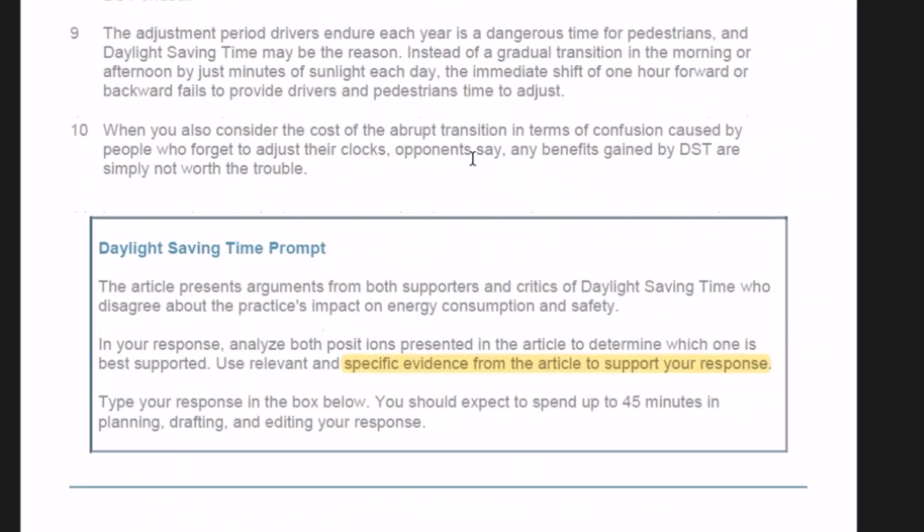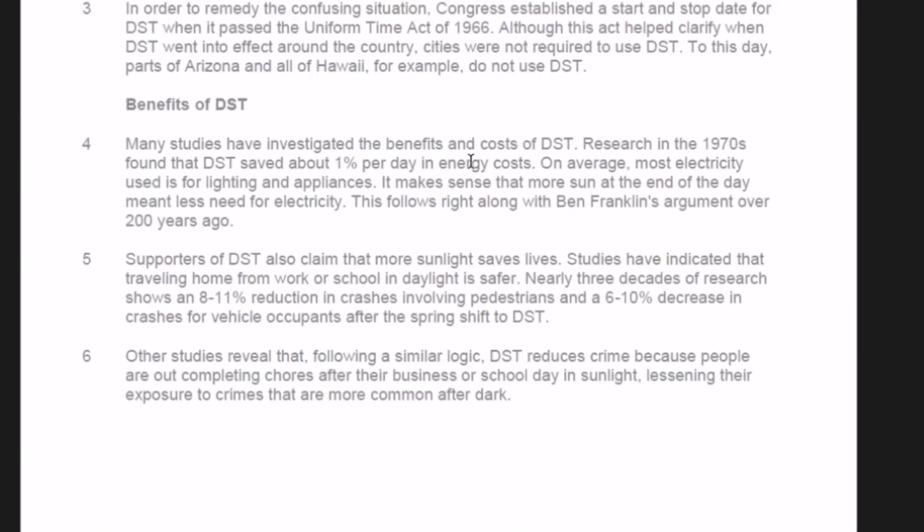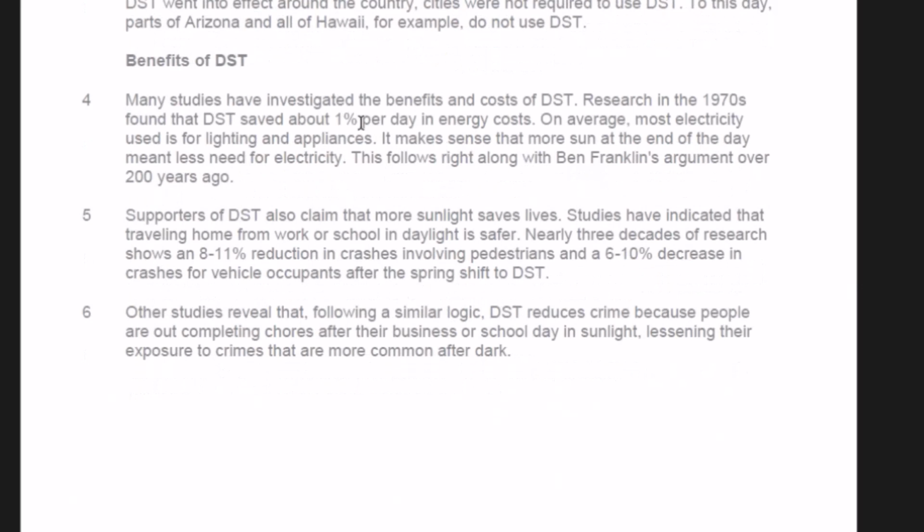For example, in the daylight savings time prompt, when we come to the first page and we're reading paragraph number 4, that benefits argument's first paragraph, we can see that it says many studies have investigated the benefits and cost of DST. Research in the 1970s found that DST saved about 1% per day in energy costs.